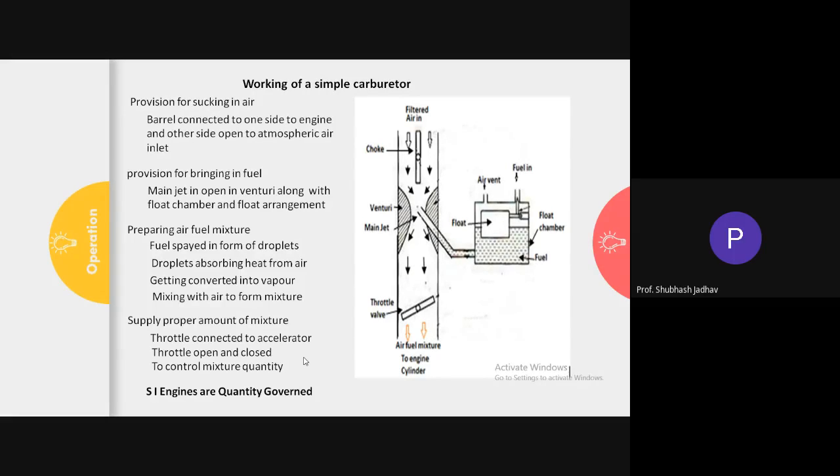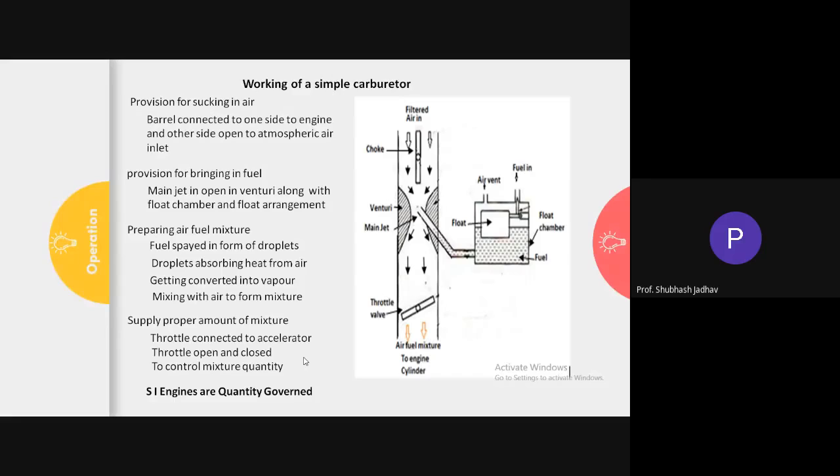You will learn in detail about the governor in the subject Theory of Machines, how governing happens, the different types of governing, and so on.